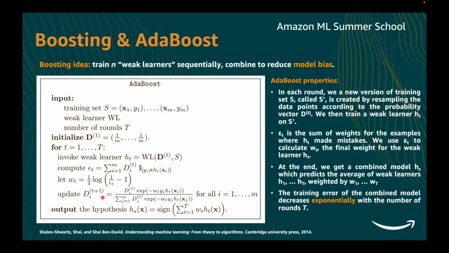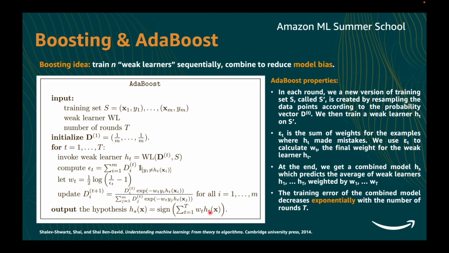So finally suppose you've done this whole process, you've completed t rounds, and you've gotten t versions of this classifier and t corresponding weights. The final hypothesis, the final output model, is just going to be a simple combination of those. You take each model from the weak learner at each round, you multiply it by the respective weight which was calculated on the training set, and you just sum those up.